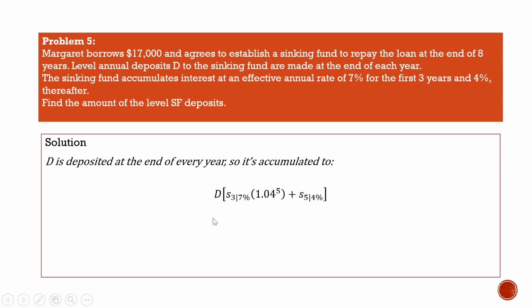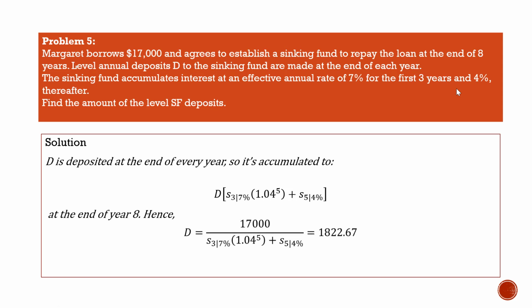Because for the first 3 years, the SF accumulates under the 7% rate, but the last 5 years is 4%. So D is equal to 17,000 over s angle 3 at 7% times 1.04 to the fifth plus s angle 5 at 4%. And the answer is 1822.67.